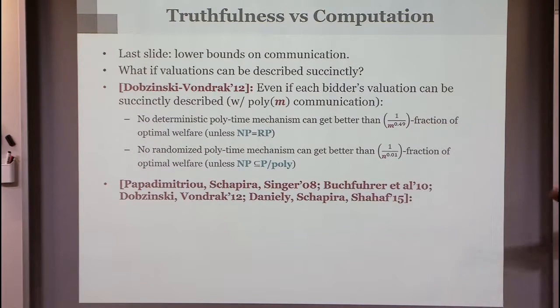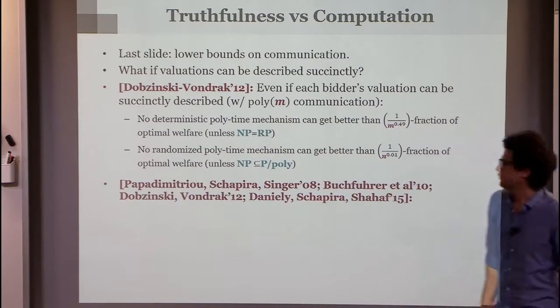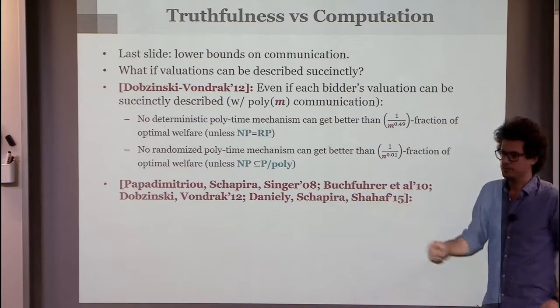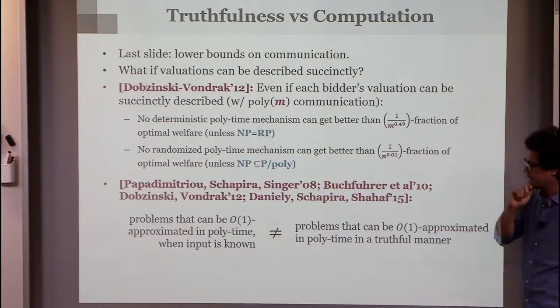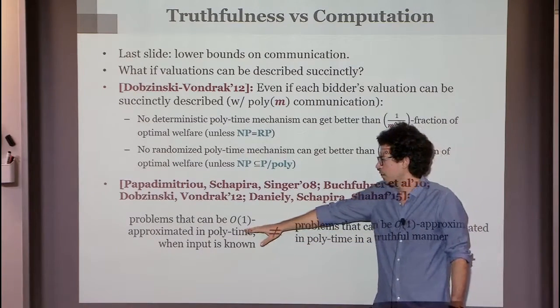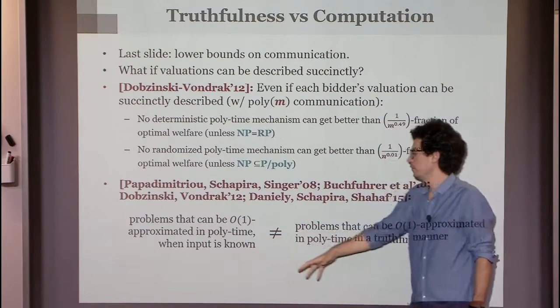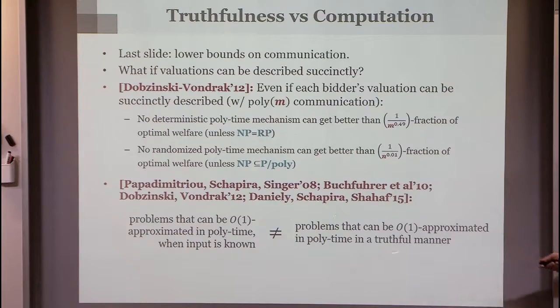In fact, there is a long line of research that started with, I believe, a paper by Papadimitriou, Schapira, and Singer, which made this claim, and other papers sharpened it, separating the problems that can be approximated to a constant factor in polynomial time in the incentive-free world from those that can be approximated in the strategic world.